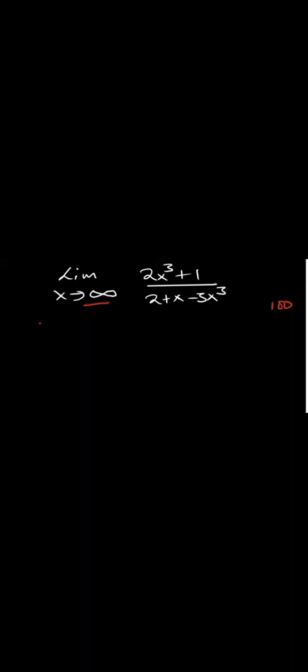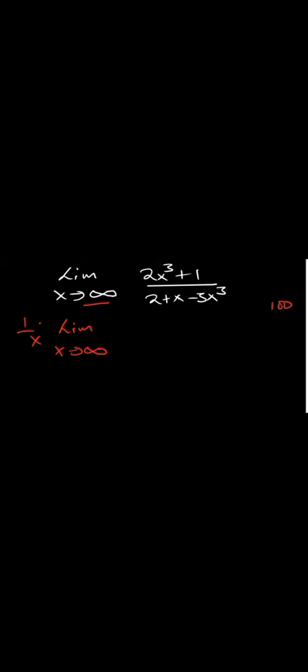Okay, so we use that same concept to answer this one. We need to make sure that it is expressed in the form of 1 over x. So we can say the limit as x approaches infinity. We divide by the highest power. So on top, what you have is x to the power 3.